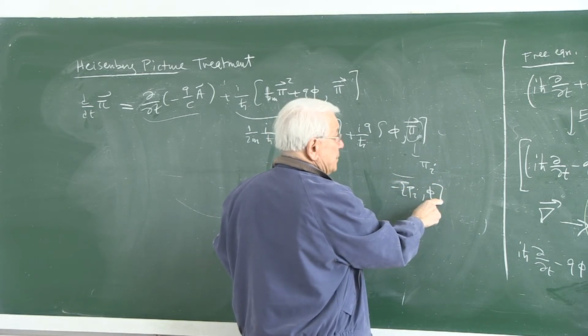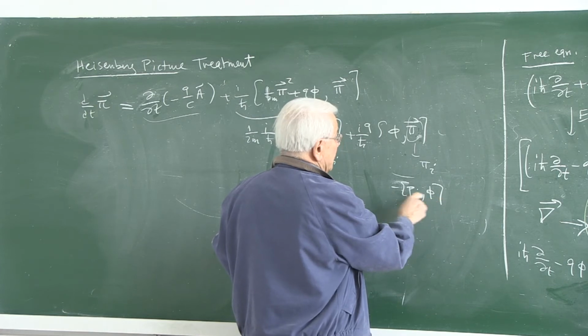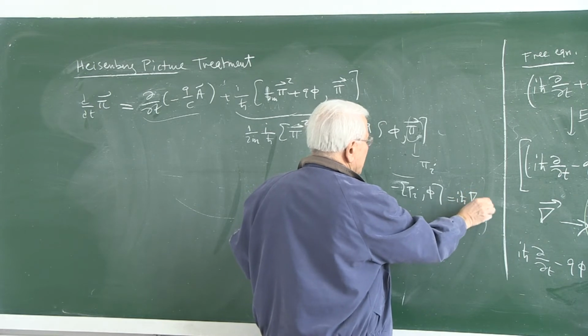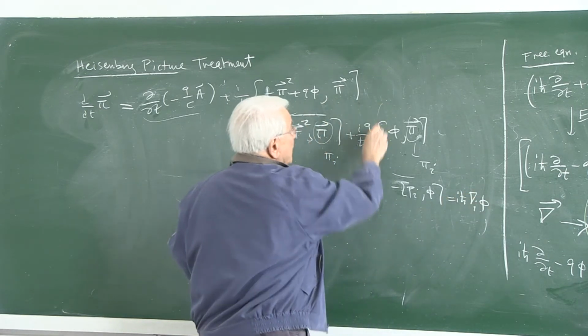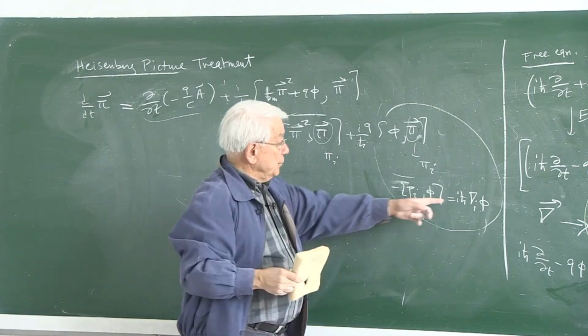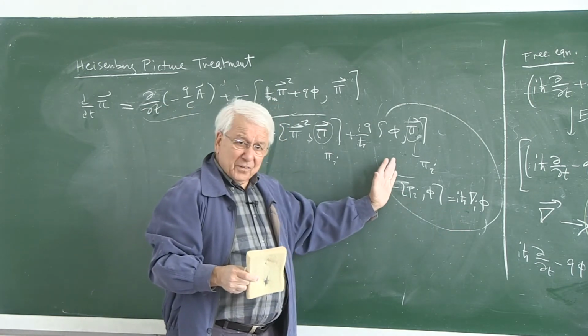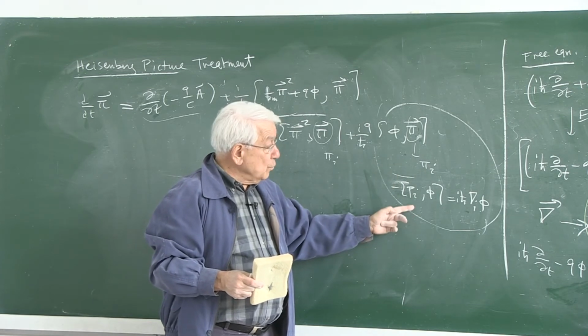Pi on phi is h bar over i, or minus, there is another minus, plus i h bar d_i phi. Nice. So you see, from here, I get a contribution like this, i h bar, right? Let's check the signs. Pi_i is h bar over i, or minus i h bar.